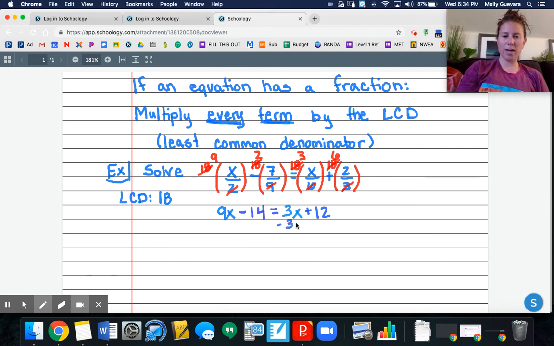So I'm going to subtract the 3x. So it gives me 6x minus 14 equals 12. I'm going to add 14. Add 14. And I get 6x equals 26.